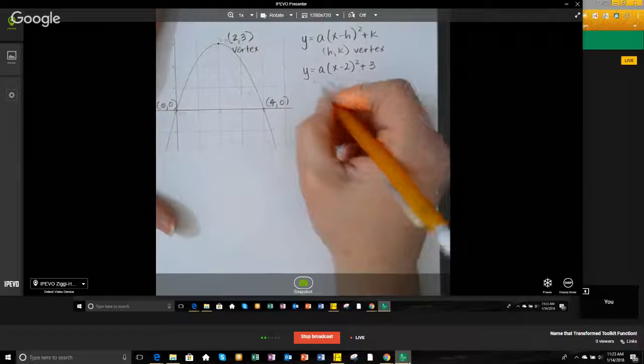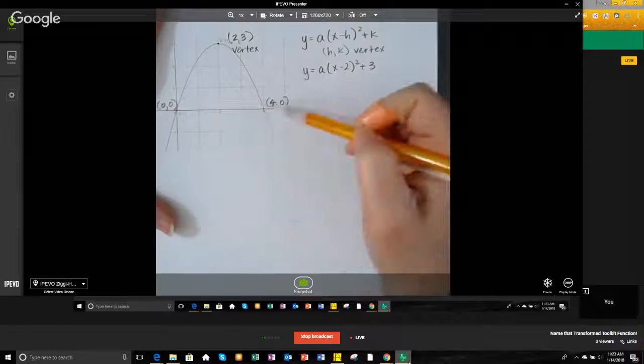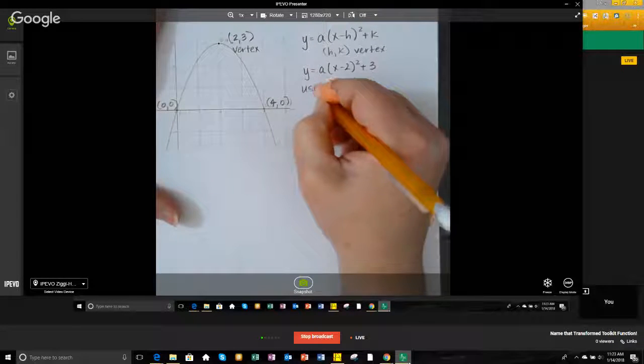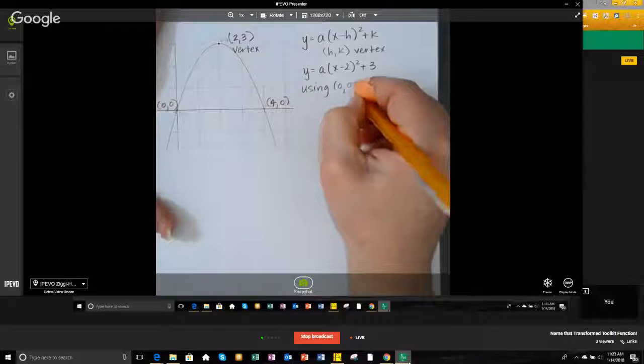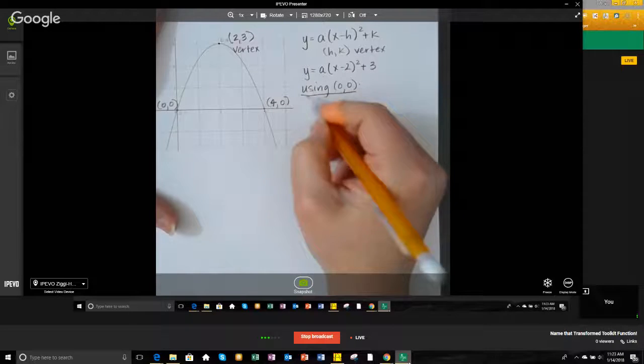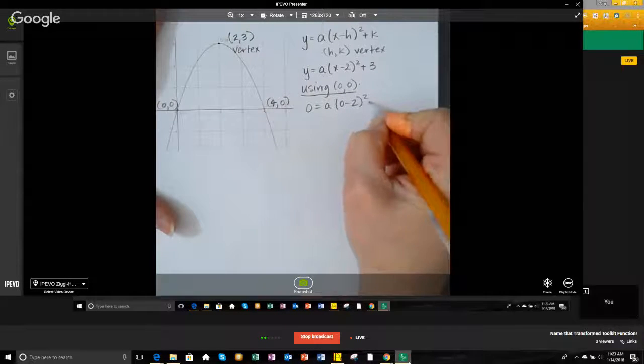And now we have to solve for a, the stretch factor. And we can use either point here that we were given. And most people would choose (0, 0) because that's a really nice point. Most people like to plug in zeros. So y is 0 equals a times the quantity 0 minus 2 squared plus 3.